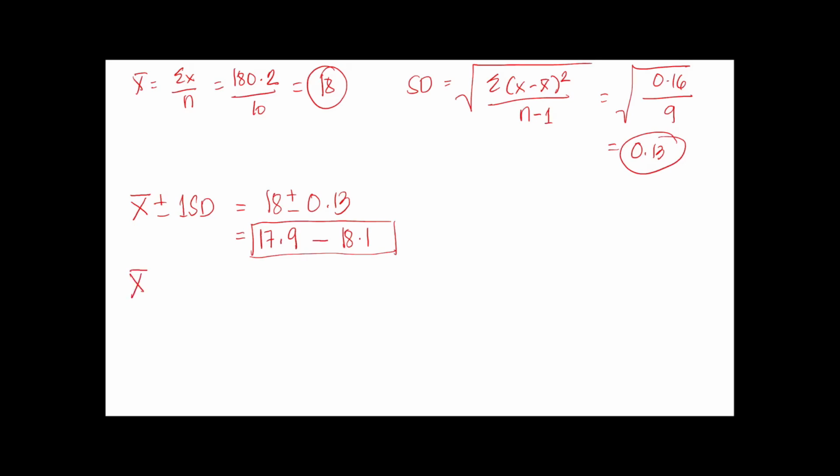For the second SD, we have the mean plus minus second SD. That would give us 18 plus minus 2 times 0.13, so that is 18 plus minus 0.26. The range of values for the second SD is 17.7 up to 18.3.